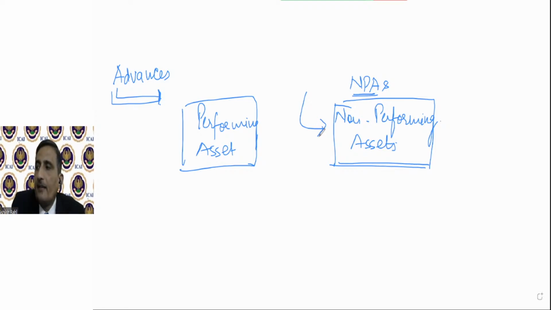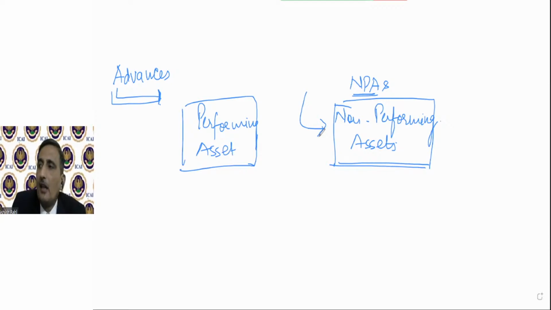Can anybody tell without going to your module, without the bookish language? Just from a common sense point of view, can you tell what is the meaning of non-performing assets?